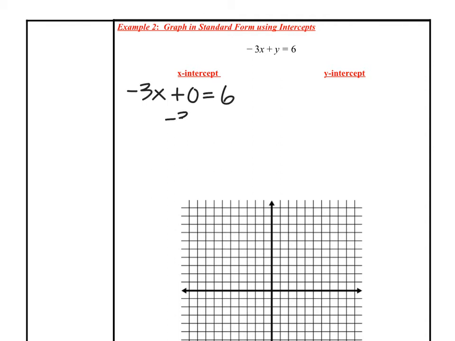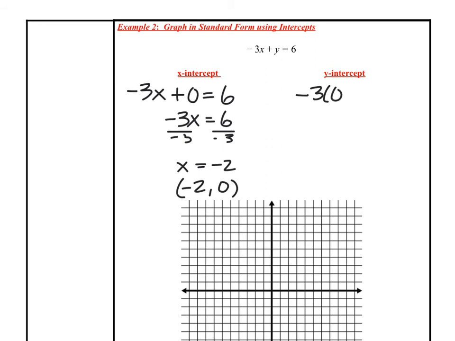Okay, so I just get negative 3x equals 6, and then I divide by negative 3, and I get x equals negative 2. So that is my x-intercept, and I write it as a point. And now we do the same thing for the y-intercept, but now I'm going to plug in 0 for x, so I can solve for y.